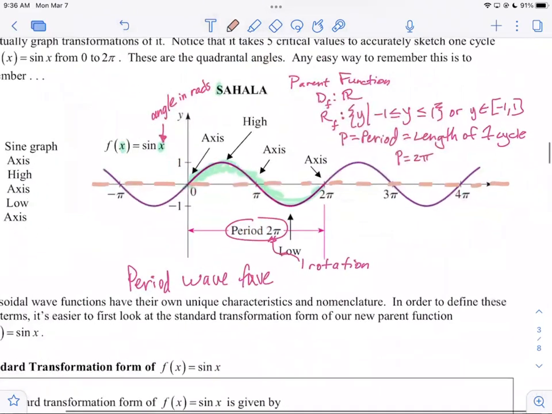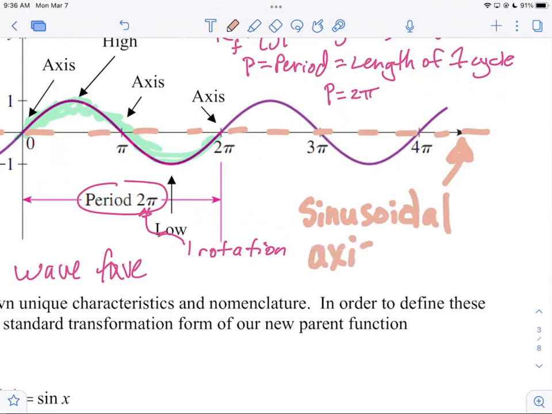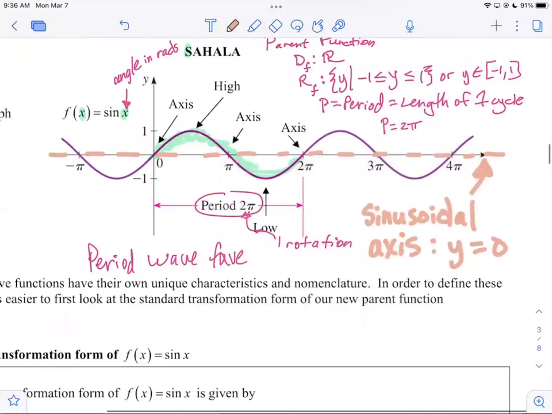If I did a vertical shift, it's not going to be the x-axis anymore. We call this the sinusoidal axis. For this function, it's at y equals 0. The sinusoidal axis is your horizontal center line.